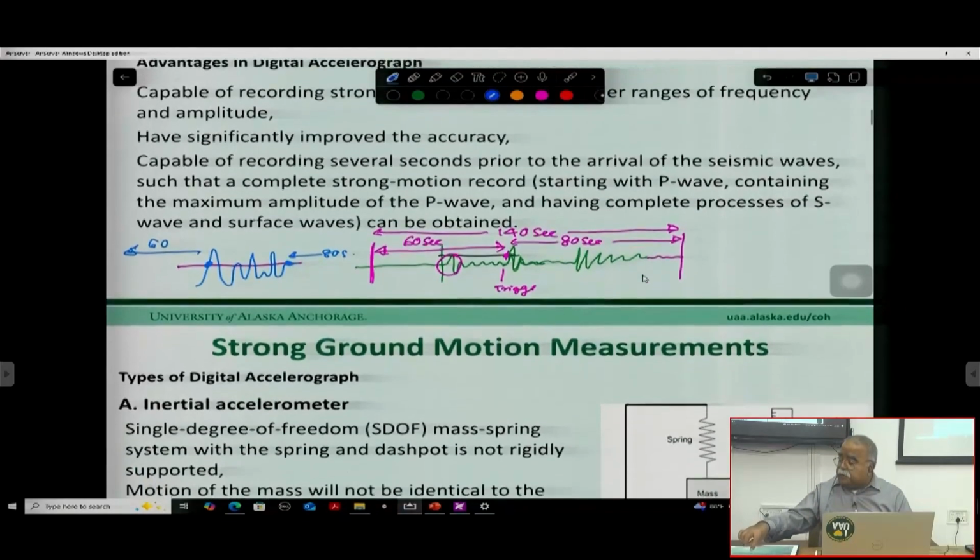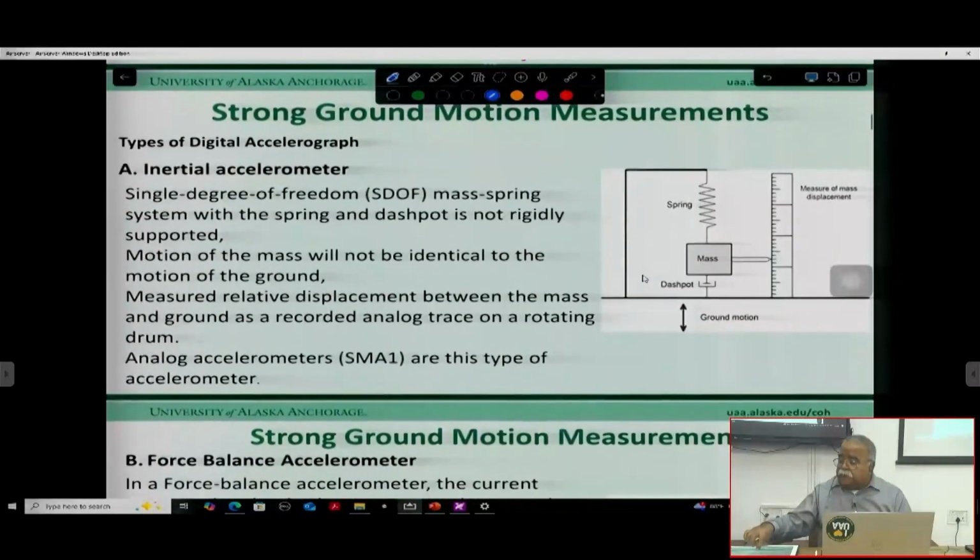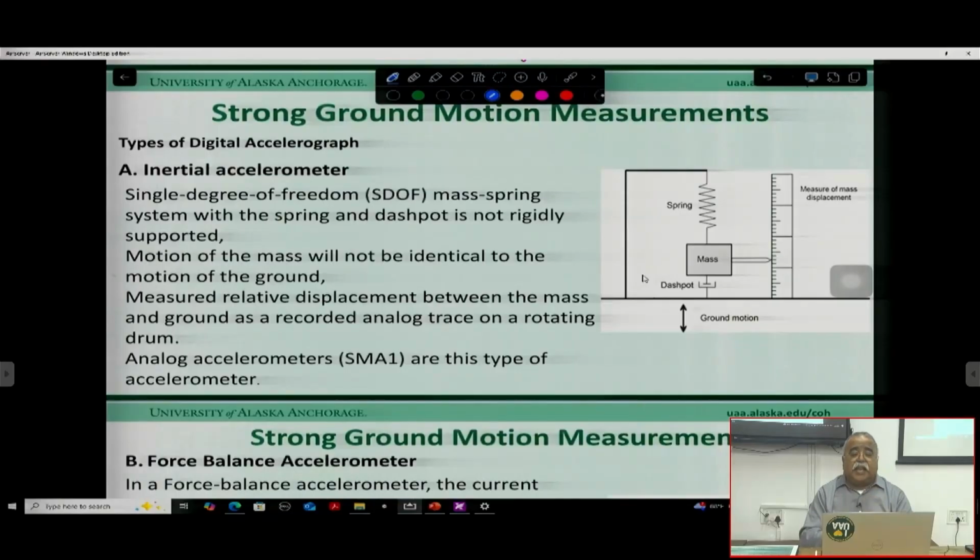Okay, next, the digital accelerometer is an inertial accelerometer. All the accelerometers, all the seismic sensors, are basically a mass-spring type of system. There is a mass and a spring, but these are attached to the ground, right?